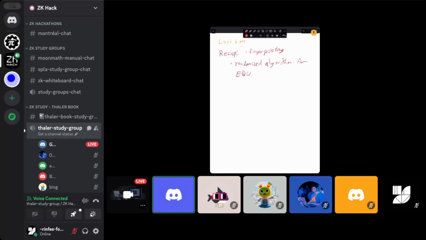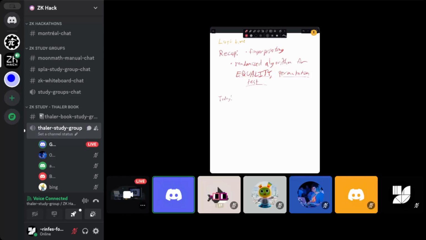I framed it for two problems: the equality problem and permutation testing. We're going to make use of fingerprinting again today, so I am going to briefly review these two algorithms. But before we do that, I'll tell you what my goal is to cover today.